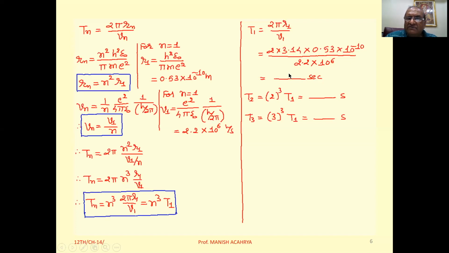So take this value of T1 here, multiply it by 8, you will get periodic time in second orbit. Then take n equal to 3. So 3 cube into T1, so this one is 27. Take the value of T1 from this calculated one and you will get the periodic time in third orbit. Clear to all of you?